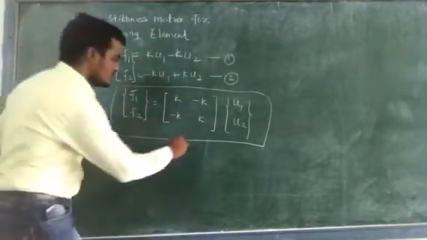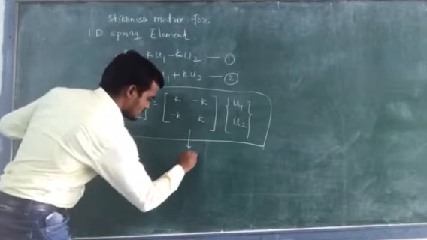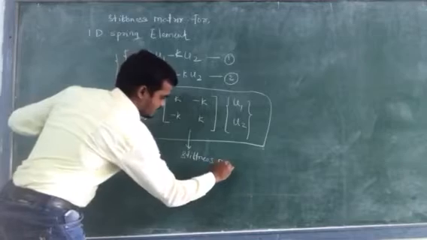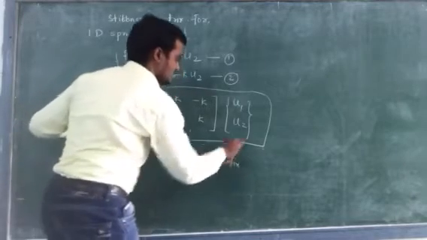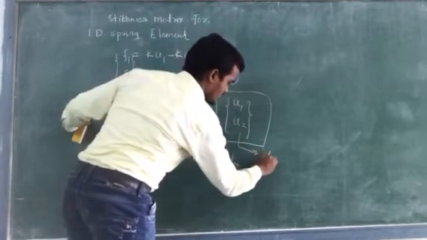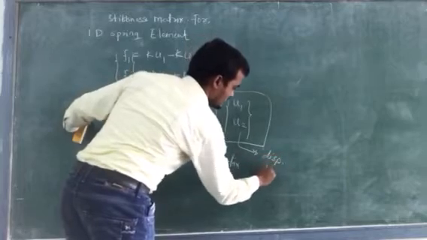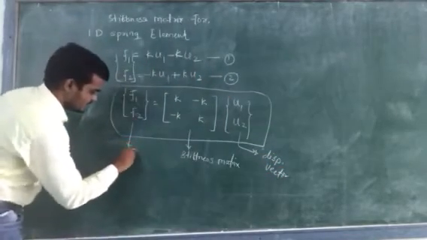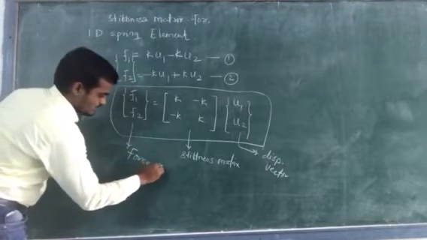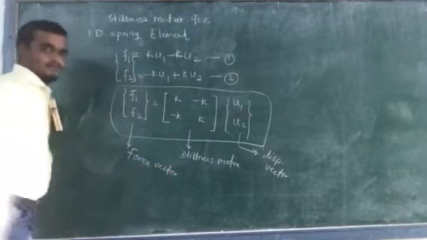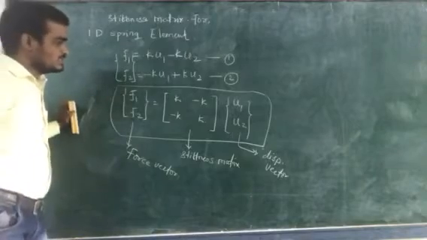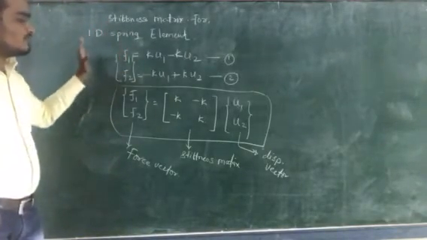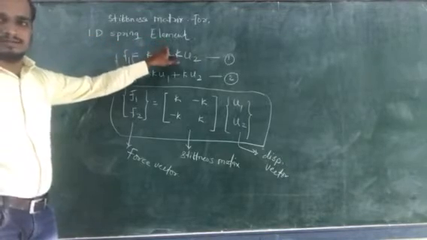This is your stiffness matrix, this is your displacement vector, and this is your force vector. In this way we have derived our stiffness matrix for the one-dimensional spring element.